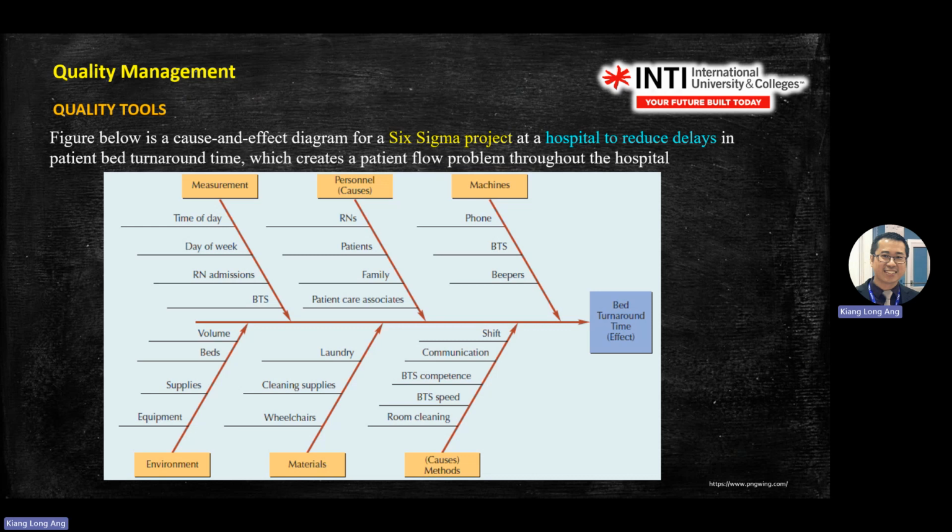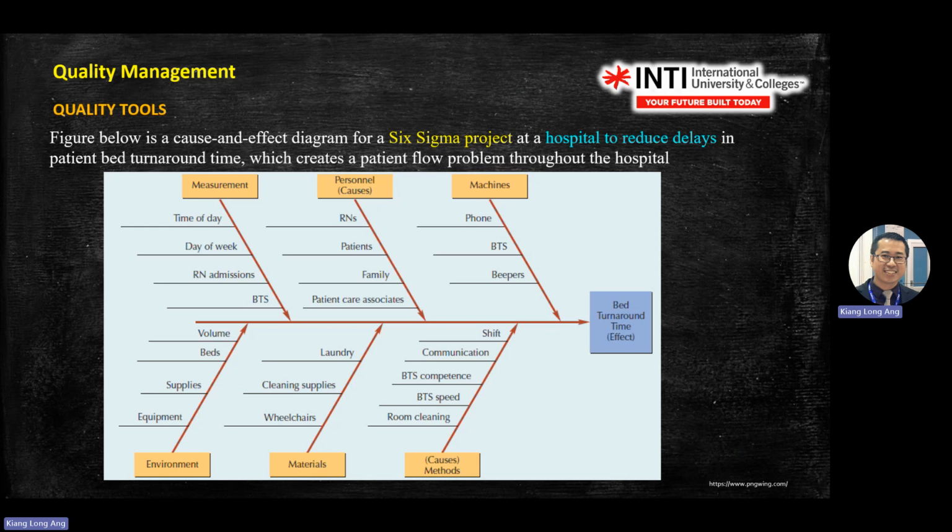Right. So this is an example of a hospital case where they want to improve the bed turnaround time because there are not enough beds for the hospital. So they came up with this fishbone analysis or cause and effect analysis. They have measurement, personnel, issues, machine, cost, method, material and environment.